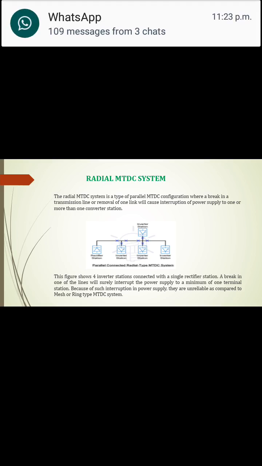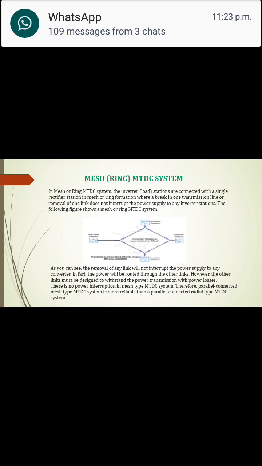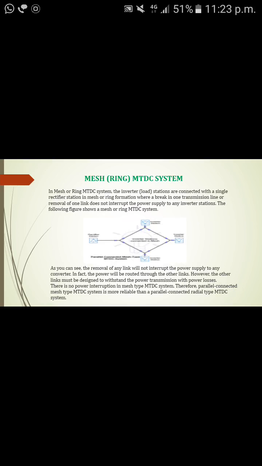A break in the line is more serious when compared to a mesh or ring type multi-terminal DC system. Mesh or ring type multi-terminal DC system. In this system, the inverter stations are connected with a single rectifier station in a mesh or ring formation, which is similar to the radial system.